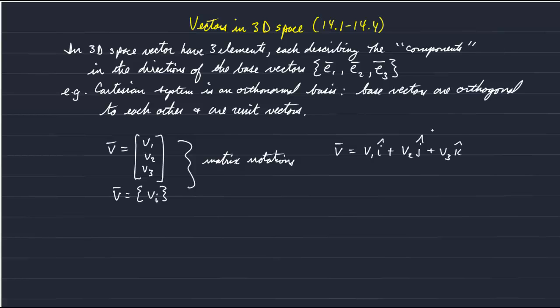And so this is a vector sum of three unit vectors. That's another way of writing a vector. And another way that is sometimes used is v1, v2, v3 in parentheses.